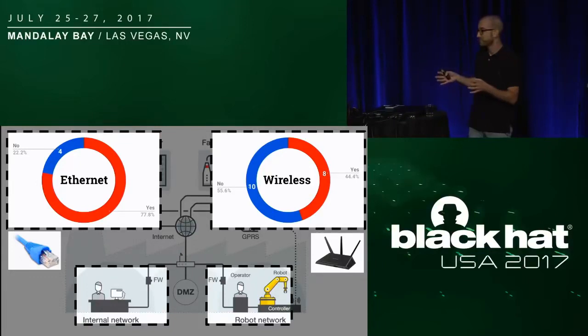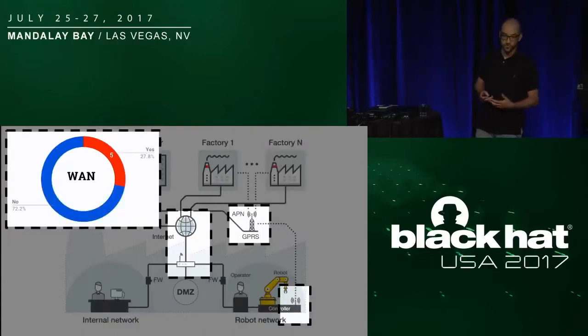Within the factory LAN, I don't think it's a great idea, because a simple vulnerability in the radio firmware might end up having the attacker within reach, even if they are outside the factory, right? Another question that we were curious about was, do you also connect your robot directly to the internet? We were really interested in this. And fortunately, only a minority of them told us that they would connect the robots directly to the internet.